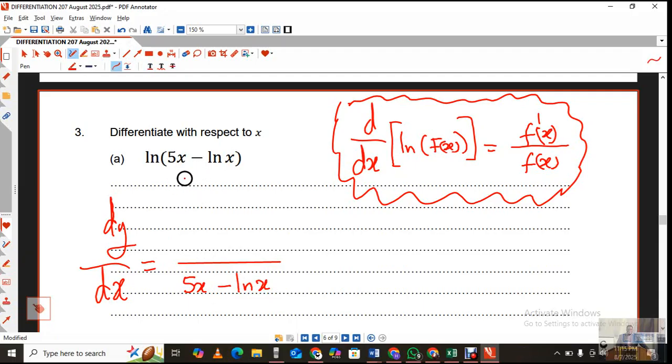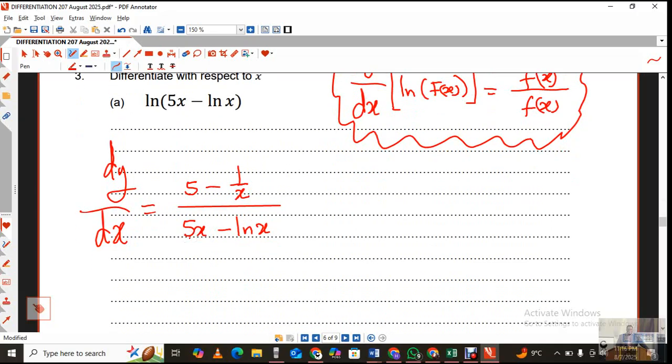So the derivative of 5x is just 5, and the derivative of the natural log of x is just 1 over x. Now, pretty much we are done with the calculus. It's just a bit of playing around with the algebra.